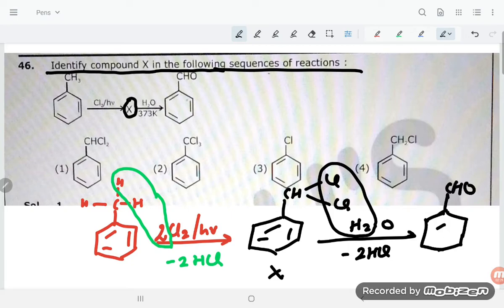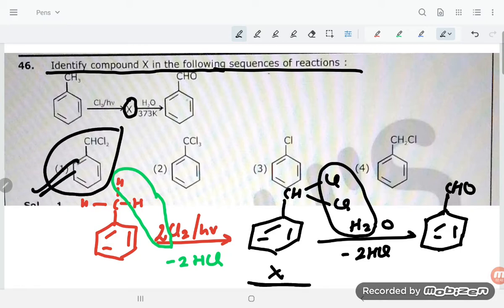This is our product. The intermediate here is dichlorocarbene getting formed. So the correct option is option number A. This is our required answer.